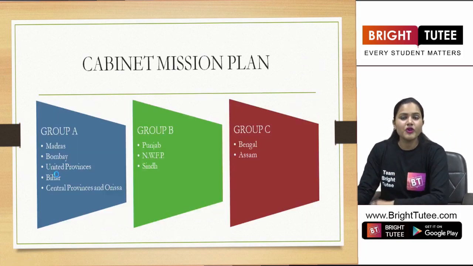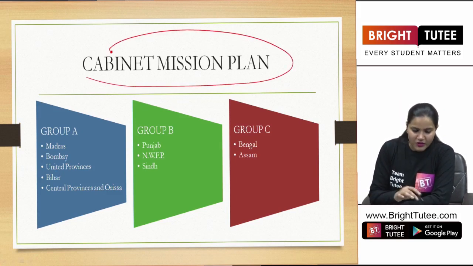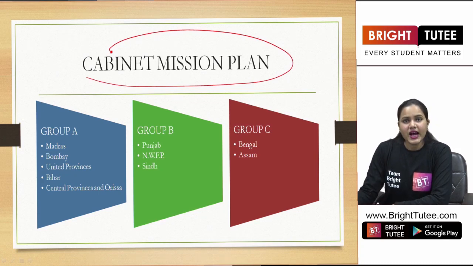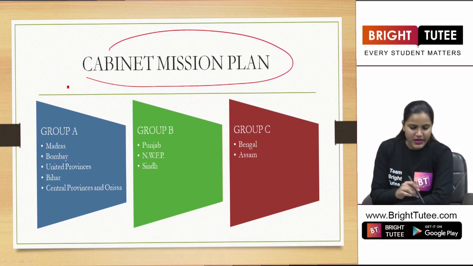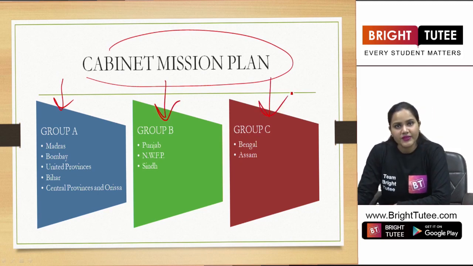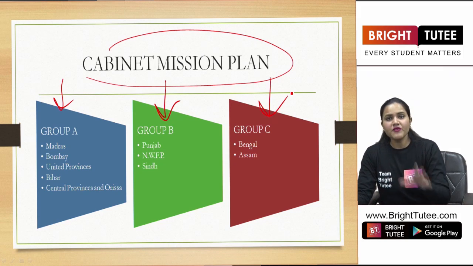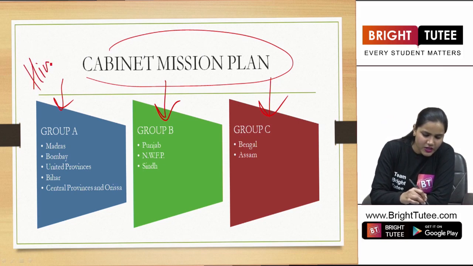Now, another important point that you have to keep in mind here. In the cabinet mission plan, what are we seeing? We see that three sections were made. There were three sections, each named as Group A, Group B and Group C. And in all these groups, we have certain provinces. Now, if you look at Group A, this was Hindu majority.